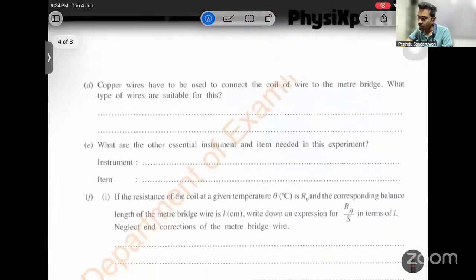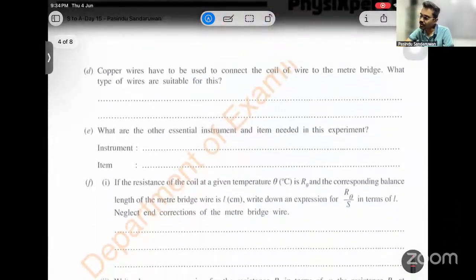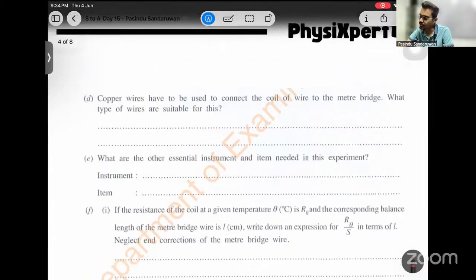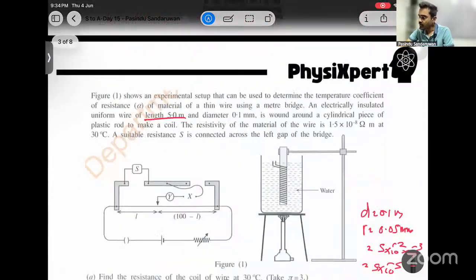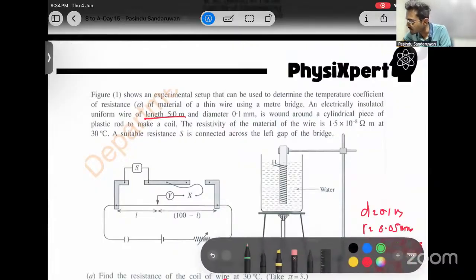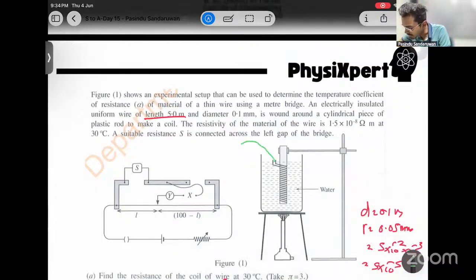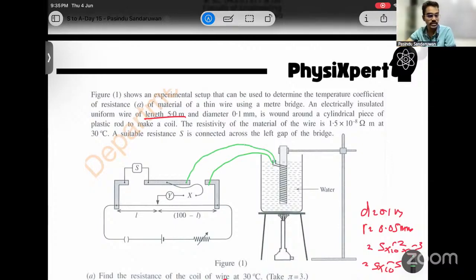Next. Copper wires have to be used to connect the coil of the wire to the meter bridge. What type of wires are suitable for this? Now this coil should be connected here, like this, to this slot, right?